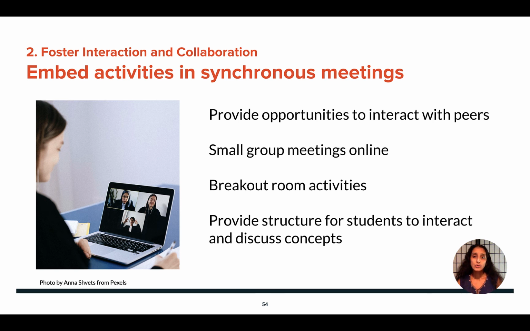It helps when you talk about what they're supposed to do in the larger group meeting and then allow them to do a small bit of that activity together and then come back to the larger room to report. It's helpful to have structure for them to know what they're supposed to do with that activity when they're working independently. You can also, if you have too large of a class, embed synchronous times where they meet in smaller groups with you to be able to interact around concepts.